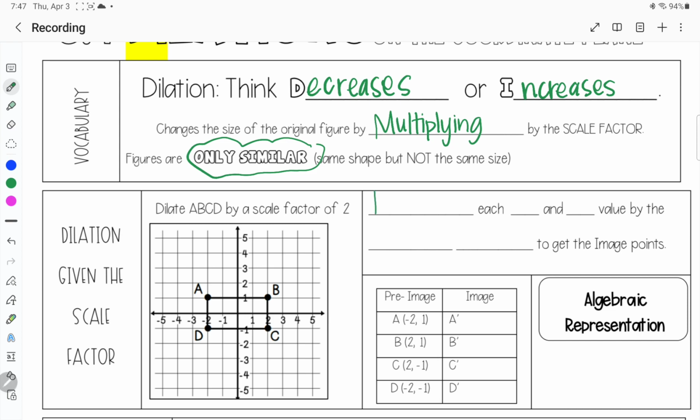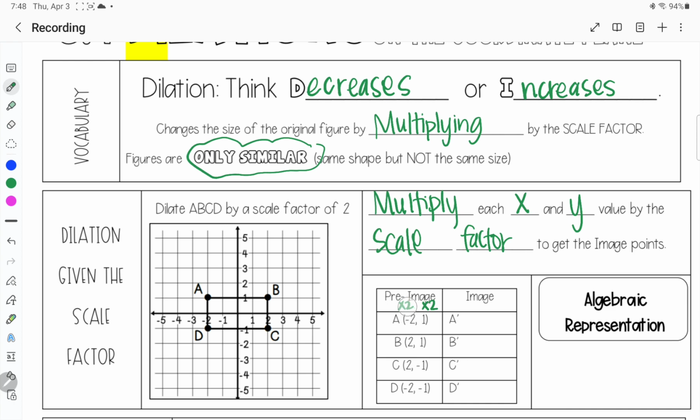The first thing we're going to do is multiply each x and each y value by the scale factor to get the image points. So I'm going to multiply my x's by 2 and my y's by 2. I'm going to times each of those by 2.